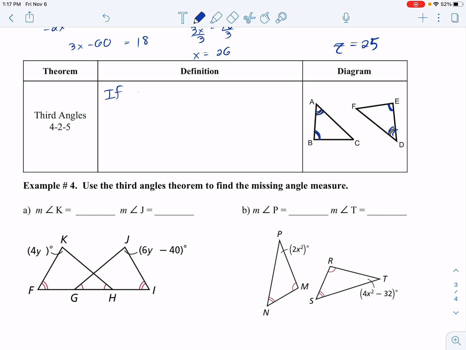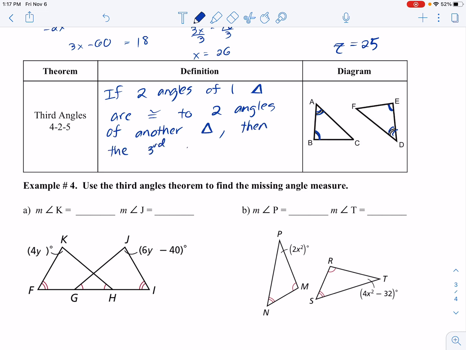So let's state that if two angles of one triangle are congruent to two angles of another triangle, then the third angles are congruent. And that's what we have here.